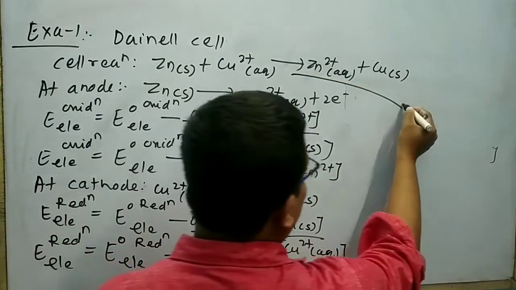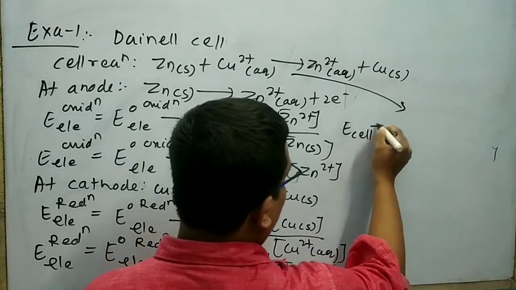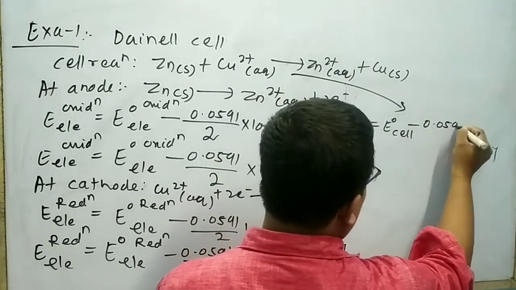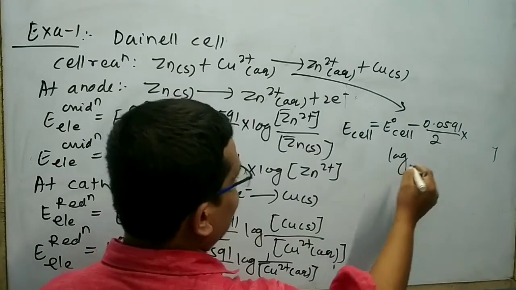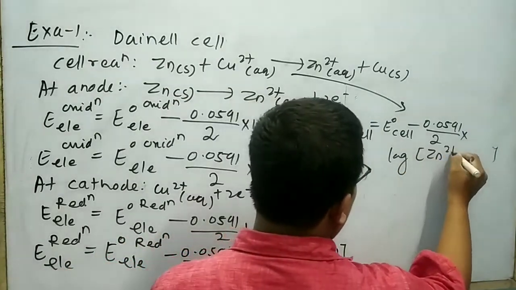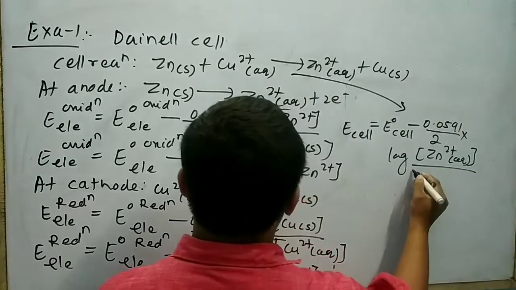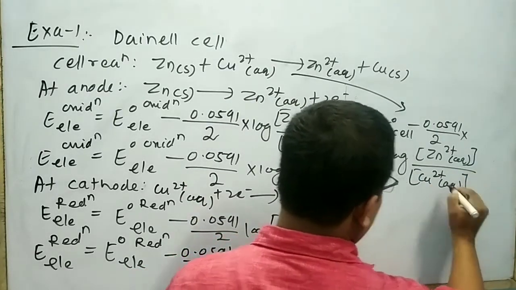For this cell reaction, I can write a Nernst equation, that is E cell equal to E0 cell minus 0.0591 divided by 2 into log of concentration of Zn2 plus aqueous divided by concentration of Cu2 plus aqueous.